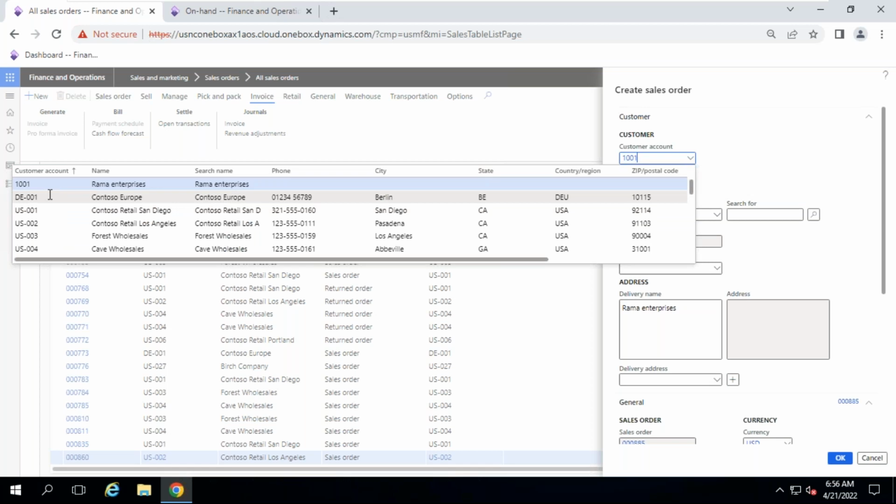Don't select DE001, because I need to explain intercompany stock transfer, which is related to DE001. That is one more important topic that I will explain later. So don't select this one.